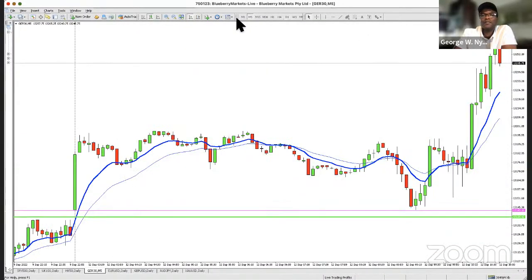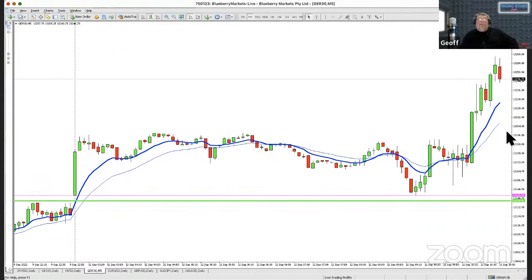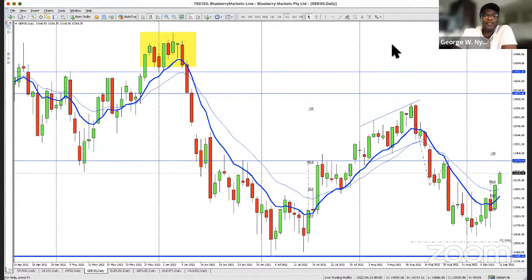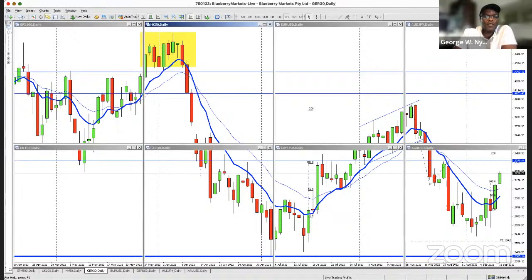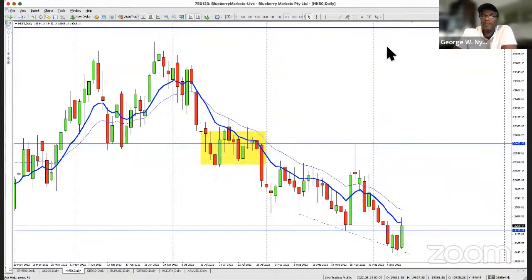UK. Let's just look at German 30 on the day. I'm going to ask, is there one different to the others? I mean, this appears to be across the board to me, everything. Yeah, it's unfortunate that my favorite pair is closed today. I love Hang Seng 50 because in the first morning session, no one else is looking at it. But on Friday it gave us a huge bull candle.